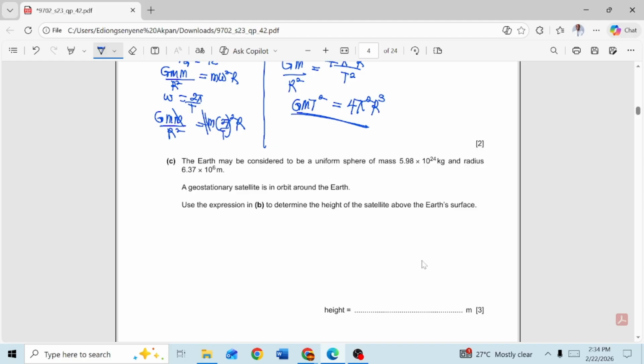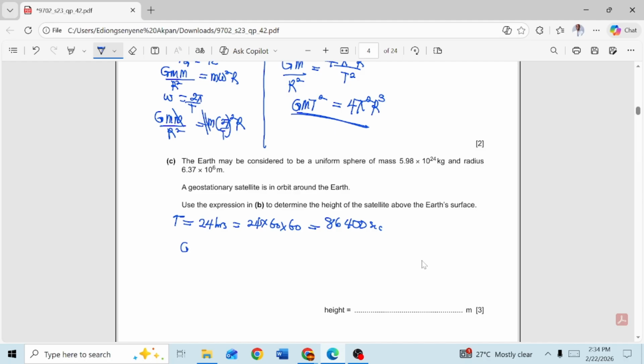In this question, it's important for you to know that a geostationary satellite moves with a period of 24 hours, which is 24 times 60 minutes times 60 seconds. That will be the time we are going to use, and this should be 86,400 seconds.